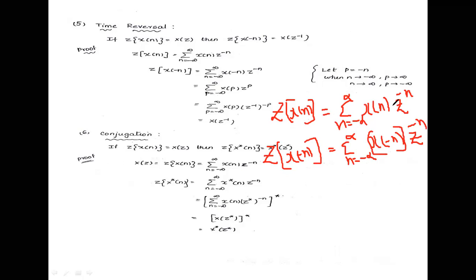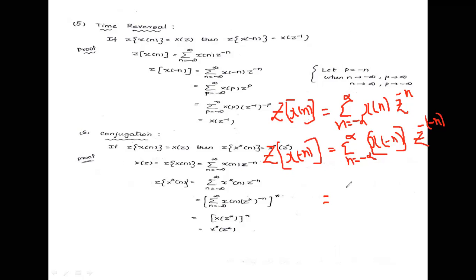Or if n is replaced by minus n, what happens here? The z power minus n becomes z power minus of minus n.